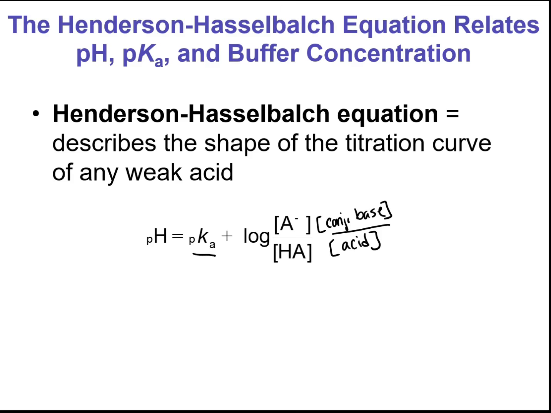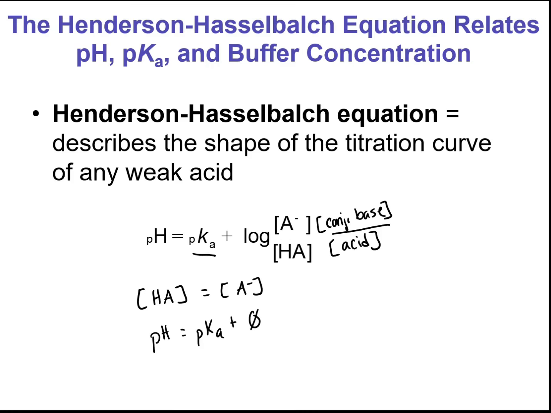So let's think about this. If I have equal concentrations of the acid and the conjugate base, then what that means for my equation, the log of 1 is 0.